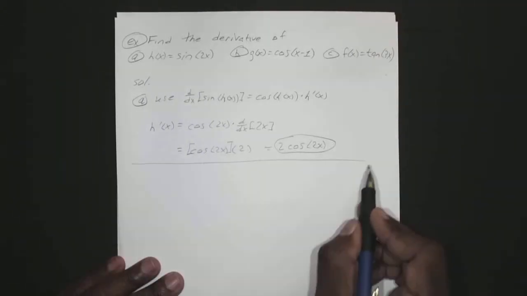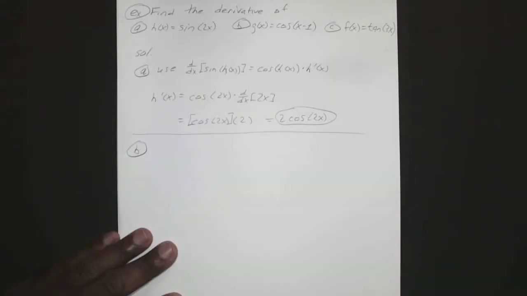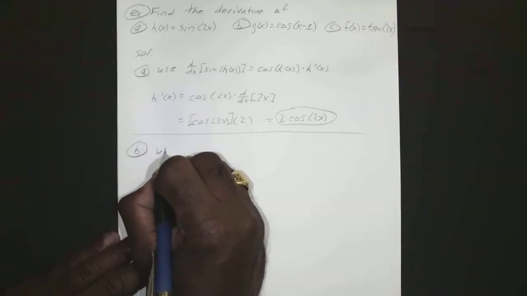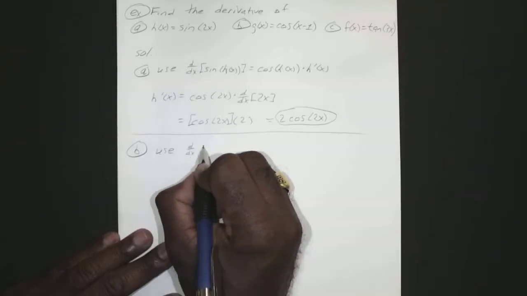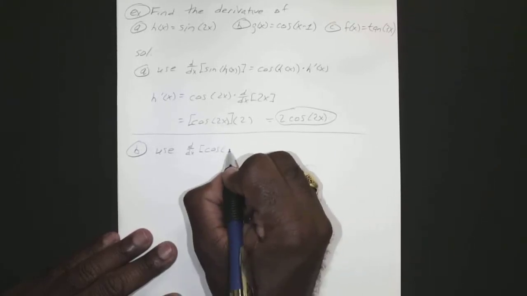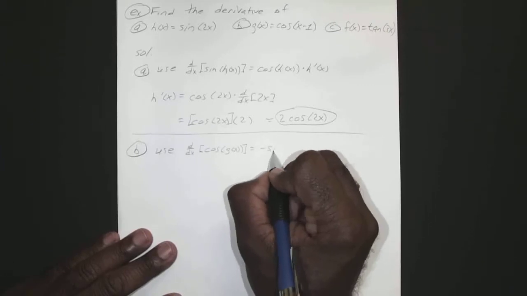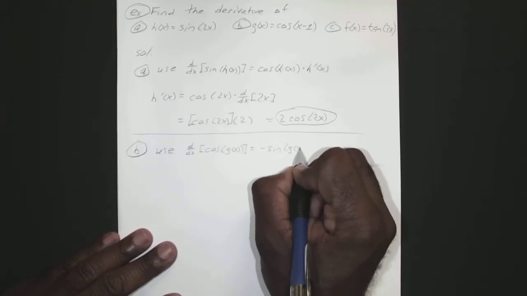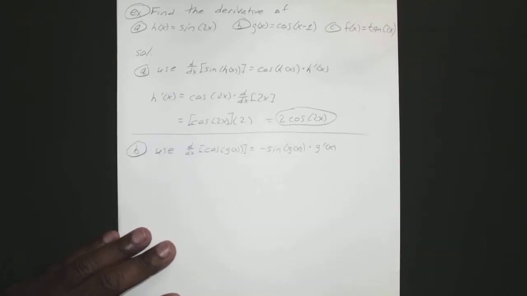Okay, so we do the same thing for B. We're going to use the derivative of cosine, in this case of g of x, equals negative sine of g of x times the derivative of g of x.